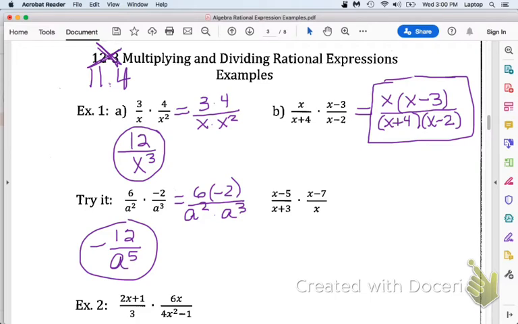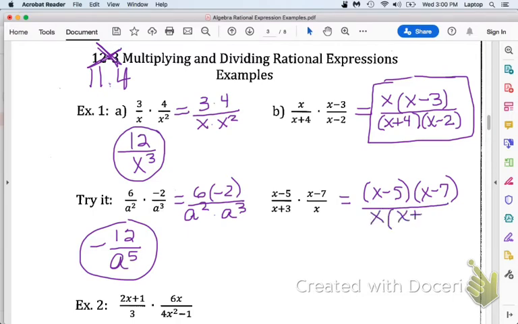On to the next one. In the numerator, x minus 5 times x minus 7 all over our x times x plus 3.